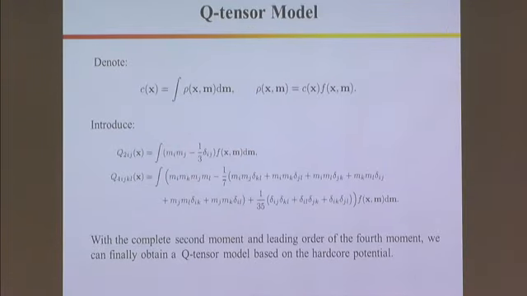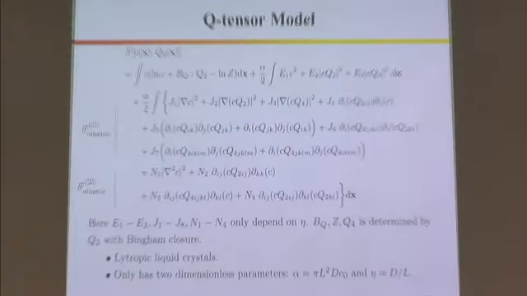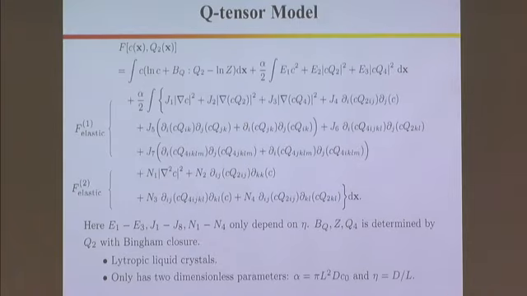So now we use the fourth tensor. Actually, because I use the Bingham closure, the fourth tensor is a function of the Q tensor. So then we get the Q tensor model.